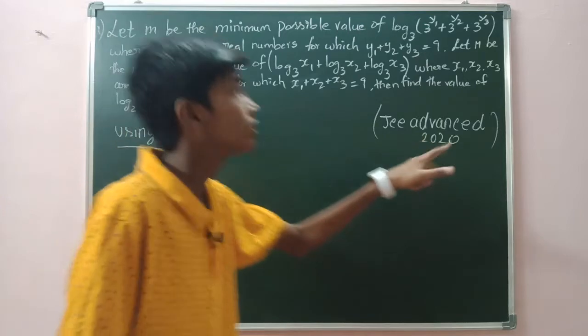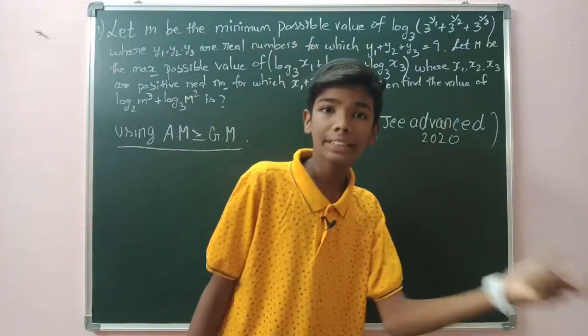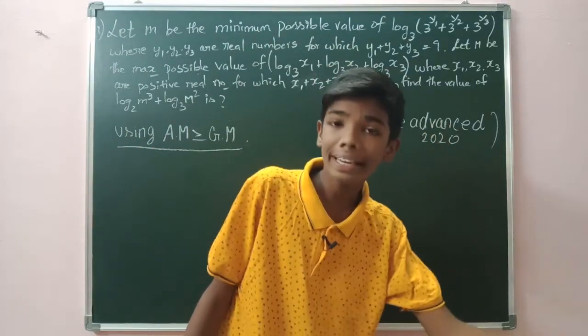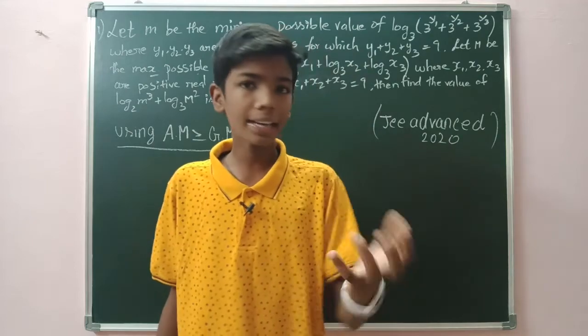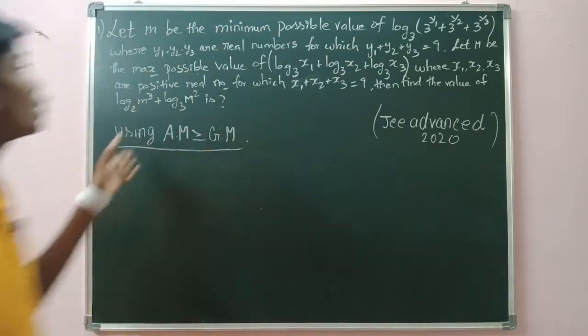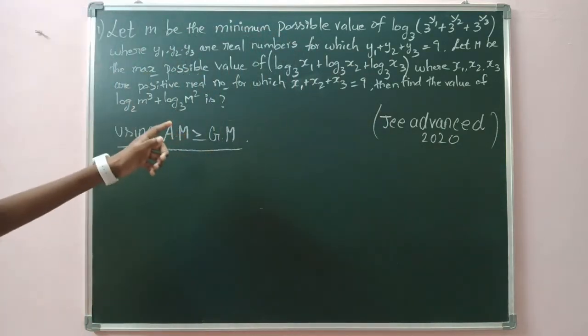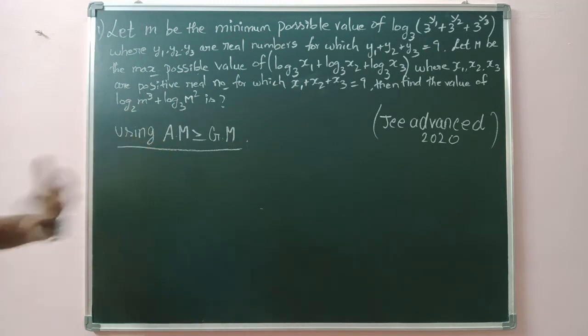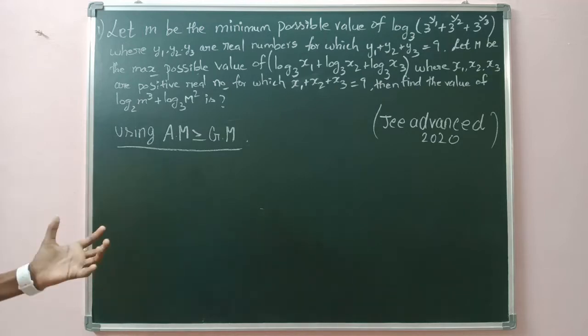Then of course your 3 power y1 plus 3 power y2 and 3 power y3 will also be a positive real number, correct now? If y1, y2, y3 are real numbers, then of course log to the base 3 of 3 power y1 plus 3 power y2 plus 3 power y3 will also be a real number, correct na? So that's what I can conclude from here.